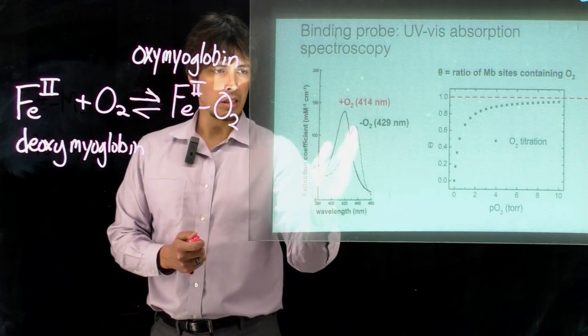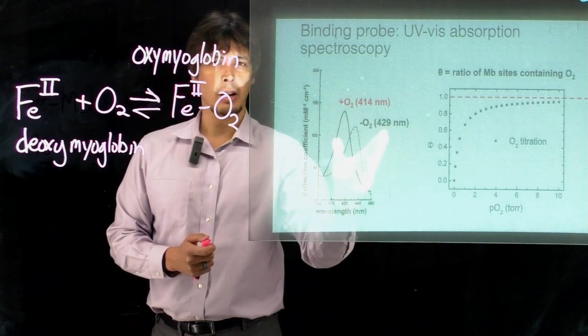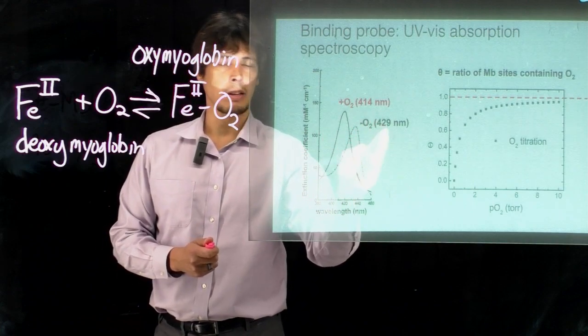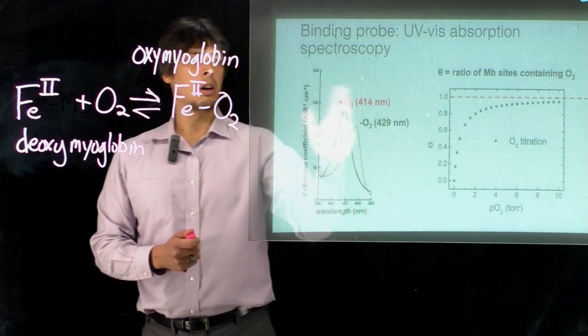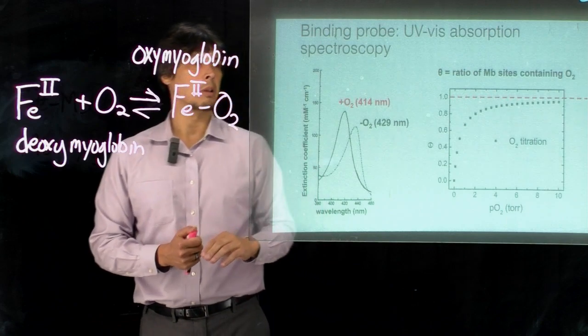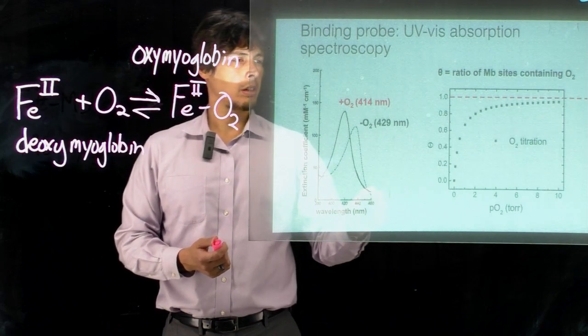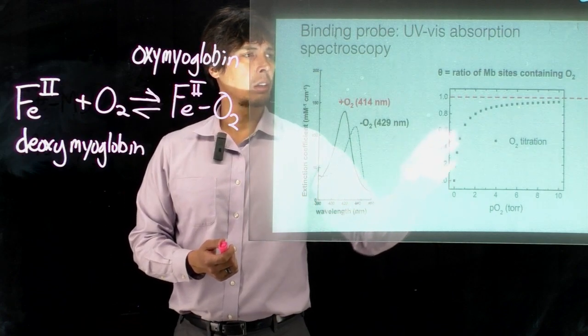And so you can see that the lambda maxes of these two shift. Without oxygen on, this peak is at 429 nanometers, whereas when O2 is bound, this shifts to 414 nanometers. And so we can use that information to make what's called a ligand binding curve.